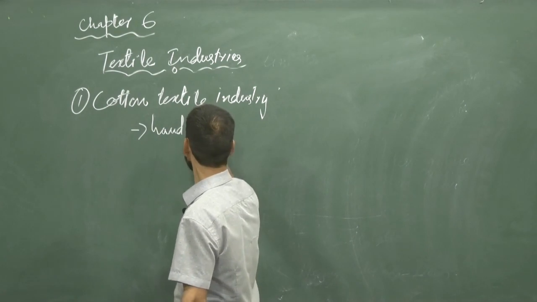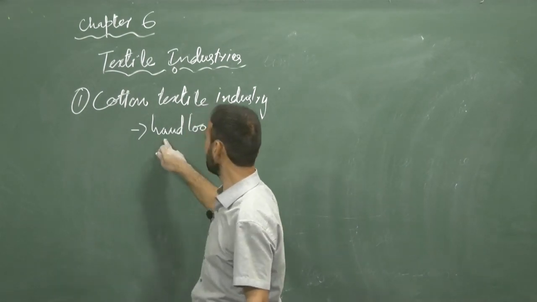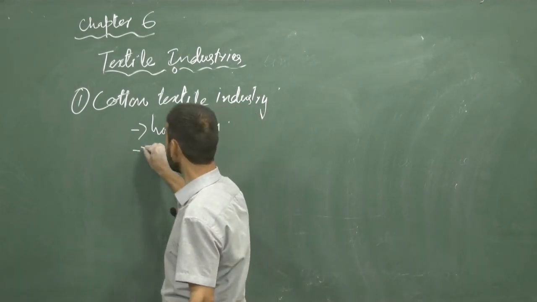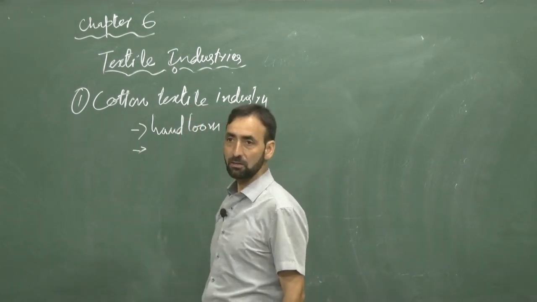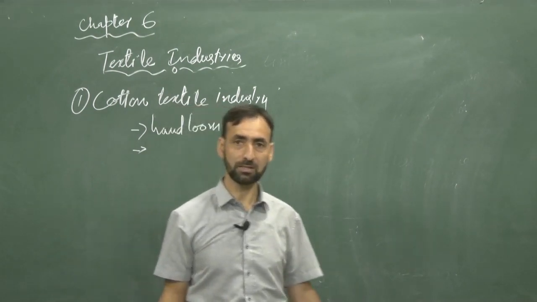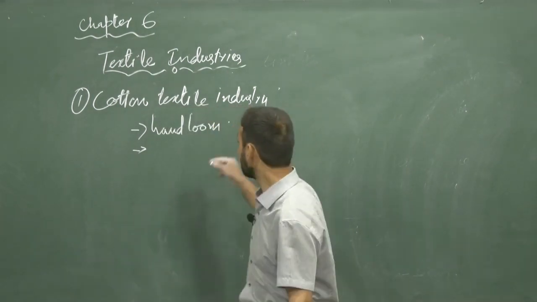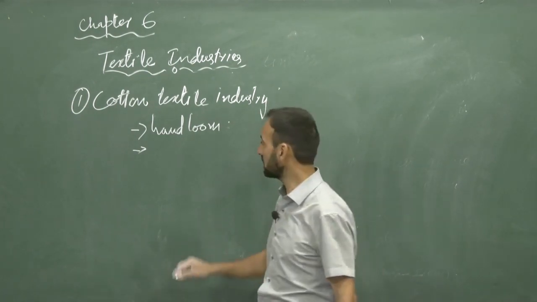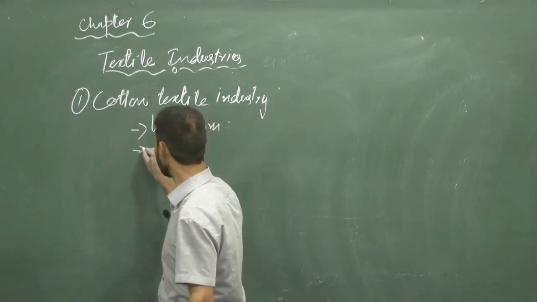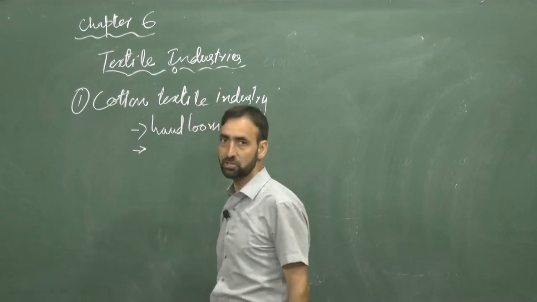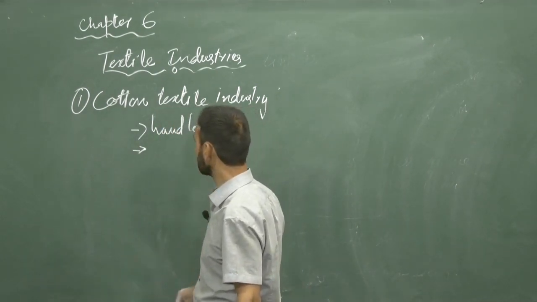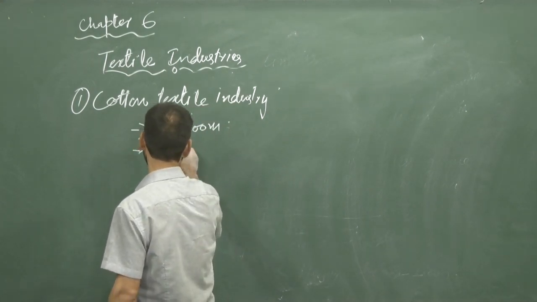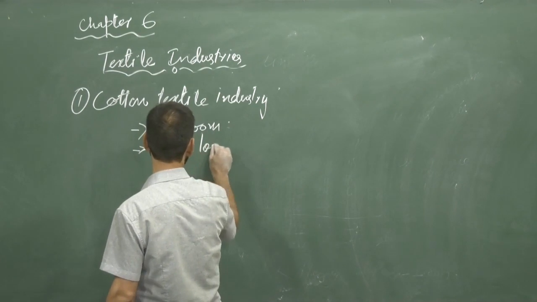Now, handloom is a time consuming process, it takes a long time to make cotton cloth. When modern times came, industries were established and these cotton clothes were made by machines, which is known as power loom.